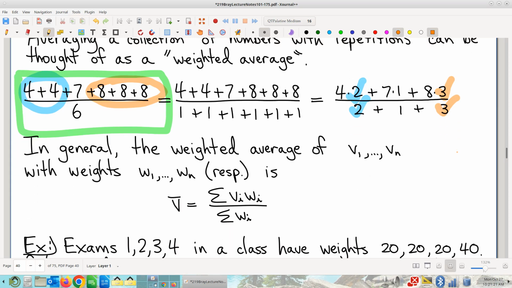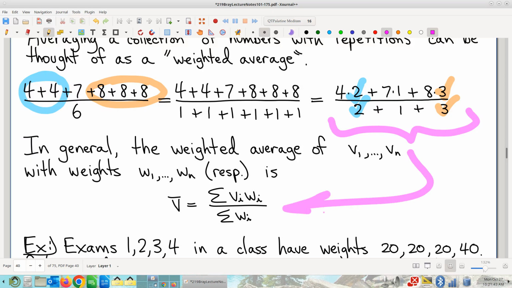You can view this trivial arithmetic as either a straight average of 6 numbers, some of which happen to be the same, or you can view this as what we call a weighted average of 3 numbers, 4, 7, and 8.